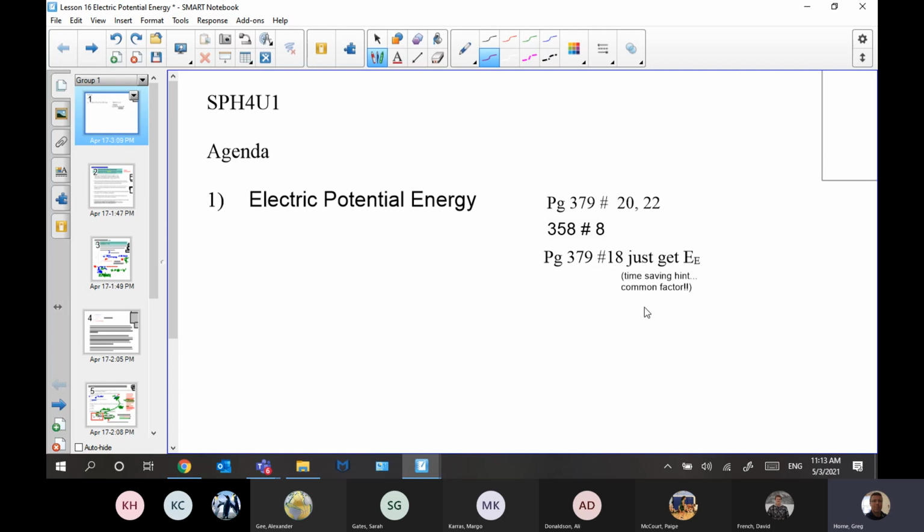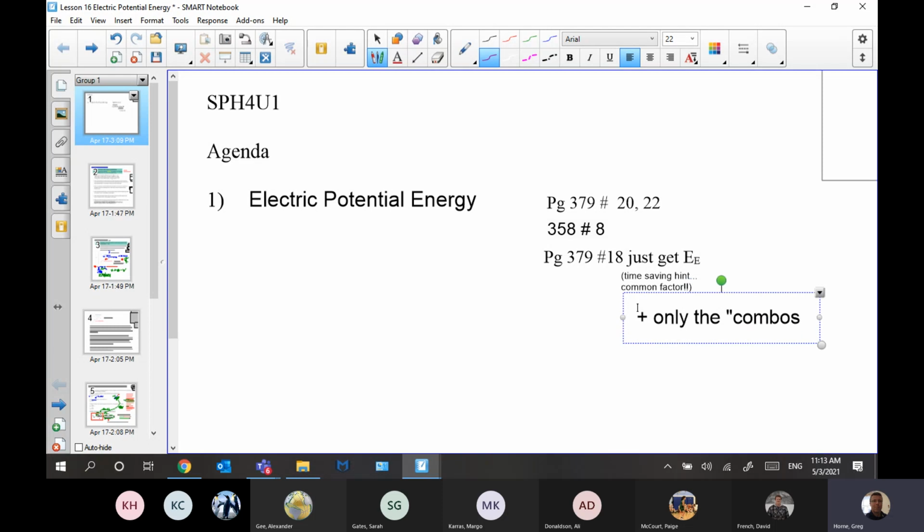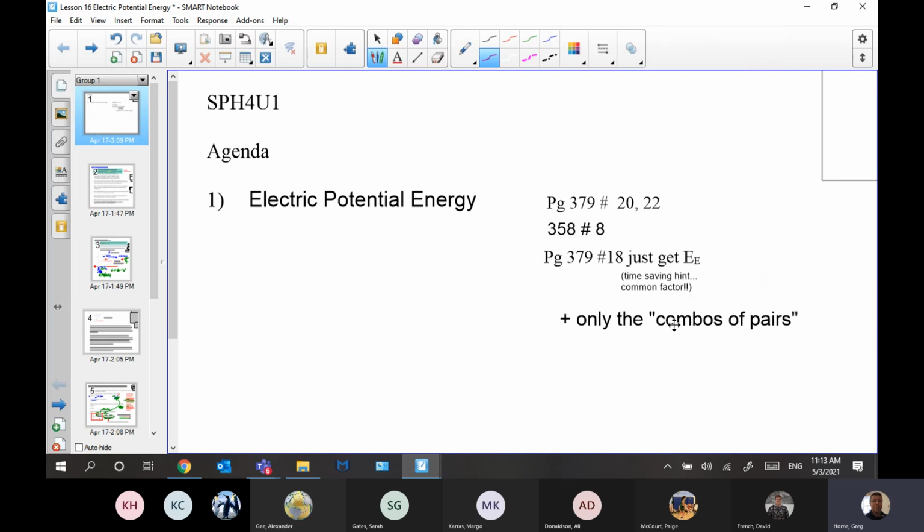The other time saving hint from that one is, remember that it's only the combinations of pairs. So you don't have to worry about 1 on 2 and 2 on 1. 1 and 2 is one of the pair combos. I almost took this question off the list because when I first looked at it, just to help you understand what I'm talking about here, I think it talks about a rectangle.